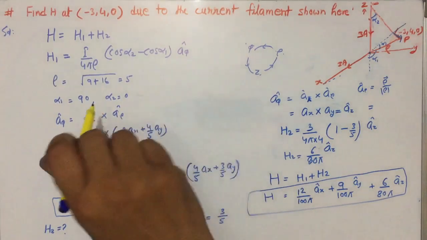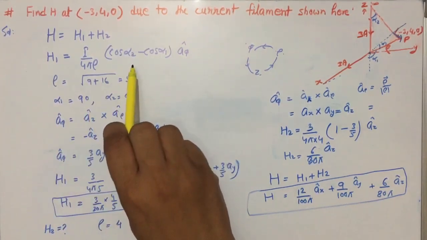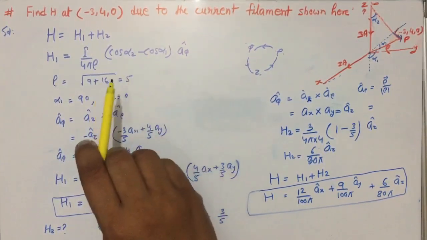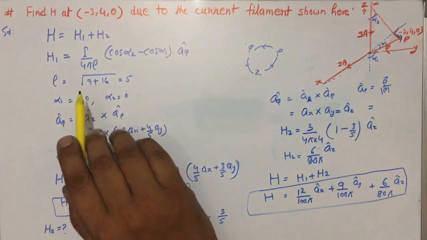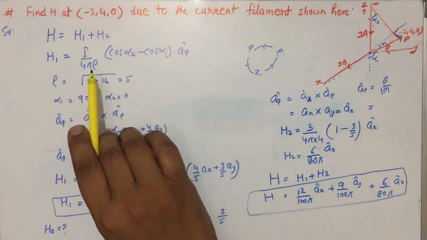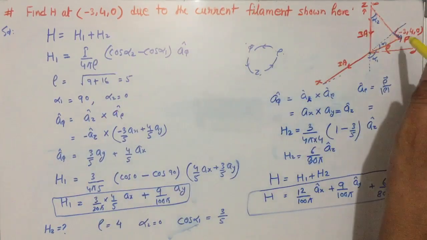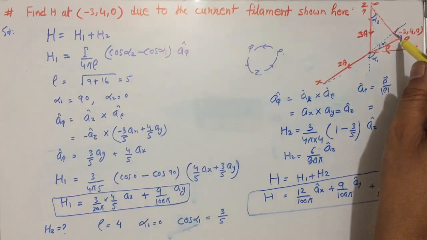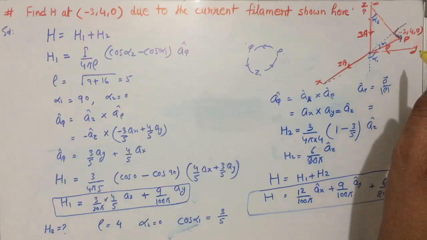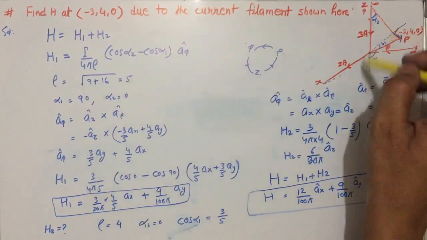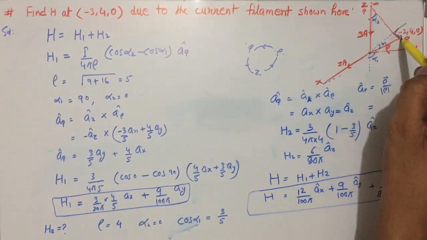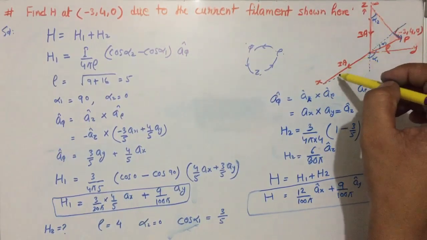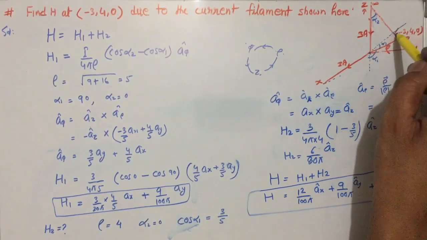The key point is to find alpha and rho and a phi, and knowing this we can find the intensity. Anyway, rho is very simple to know, that is the perpendicular distance from the point of interest to the axis of the line. If this is the axis, then the perpendicular will be this, and if this is the line, then perpendicular will be this.